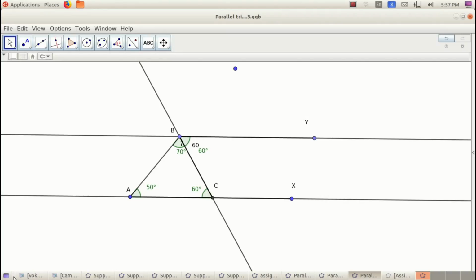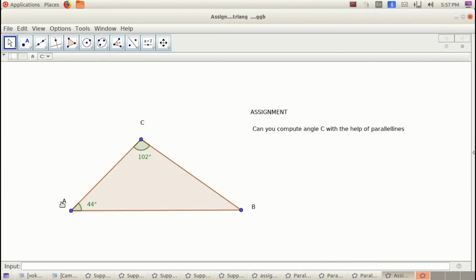Then here is an assignment based on parallel lines and triangle. Listen to this assignment. I have given you a triangle ABC. Angle measurement of A is 44 and C is 102. These two angles are given. Then B is blank and you have to find the measurement of B with the help of parallel lines.